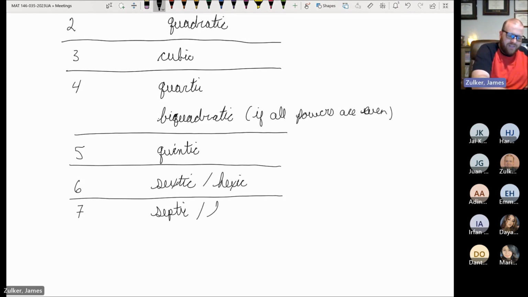Less commonly, heptic. Of course, in the hospital, you don't want to hear the nurse or doctor say you're septic.